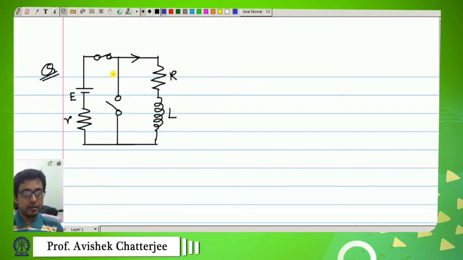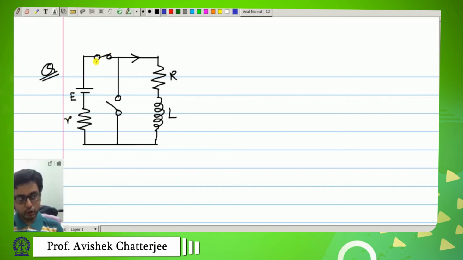Okay, let me now take some practical, although simple, examples. Here we have a simple circuit. One coil with inductance L and resistance R is connected in series with a battery of EMF E and internal resistance small r.